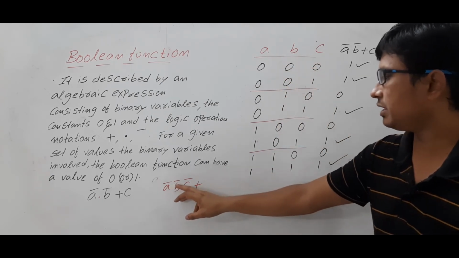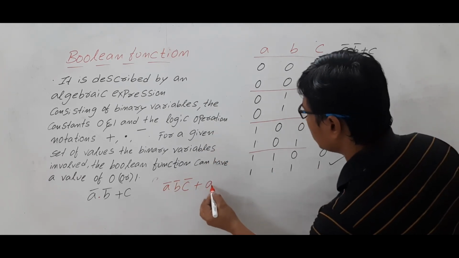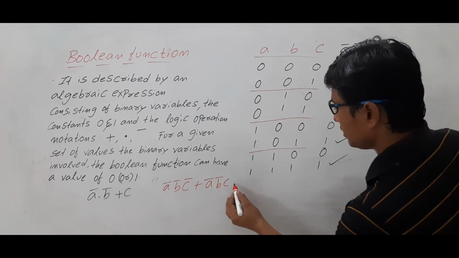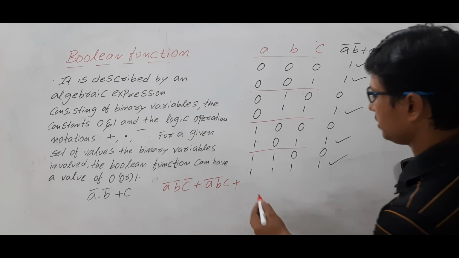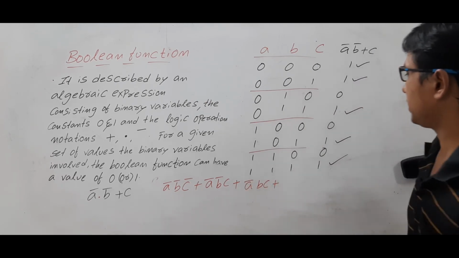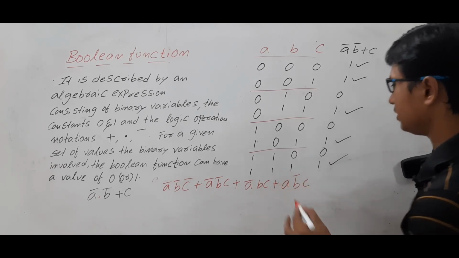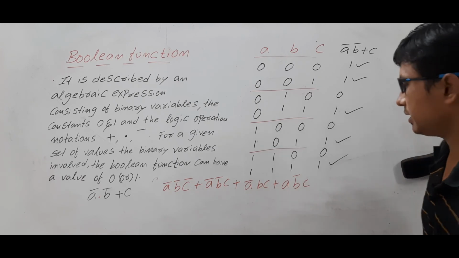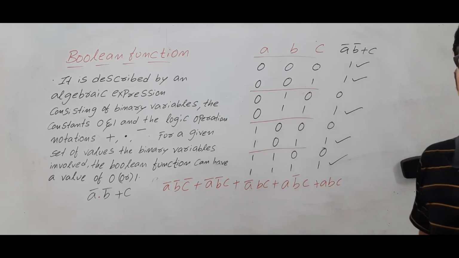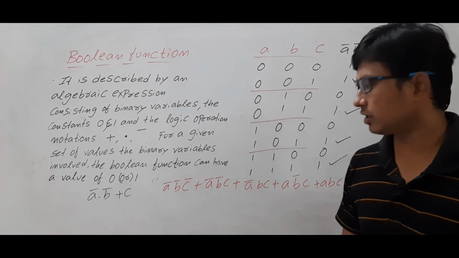So a complement, b complement, c complement, or a complement, b complement, c, or a complement and bc, and then this one can be written as abc. Wherever 0 is there, you make it complement, and this one will be abc. Are you able to understand it or not? So this is the way you will represent the canonical forms.